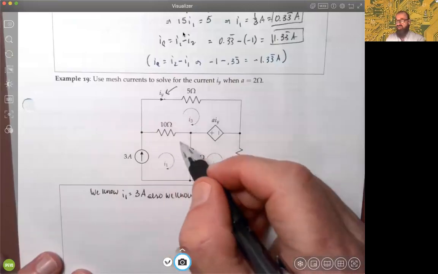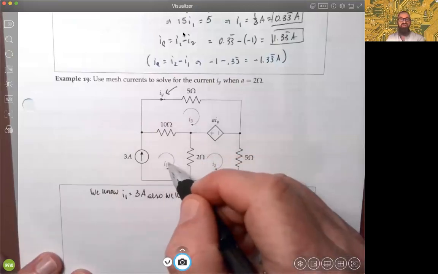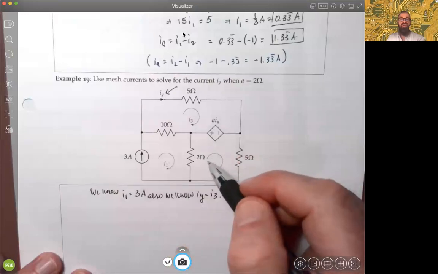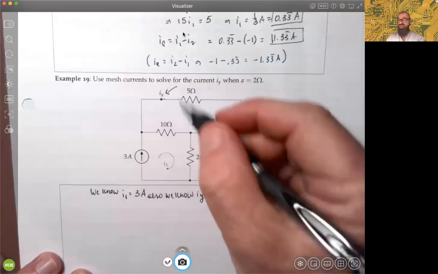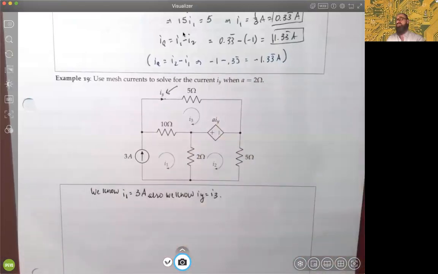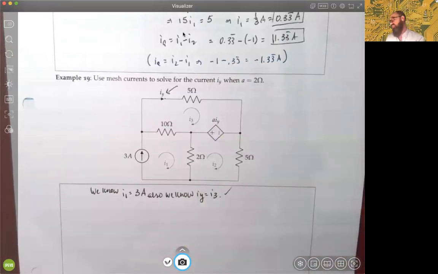All the currents through all the elements in this mesh are I1. All the currents in this mesh are I2. All the currents in this mesh are I3. That's the beauty of using mesh currents, okay? So all we have to do is find I3 to answer the question, right?